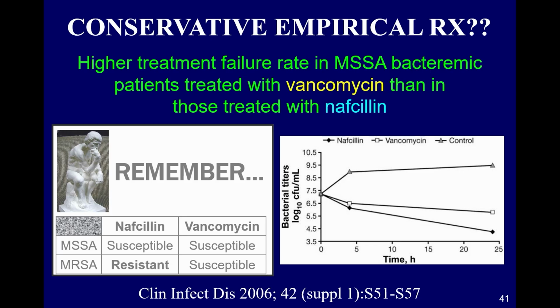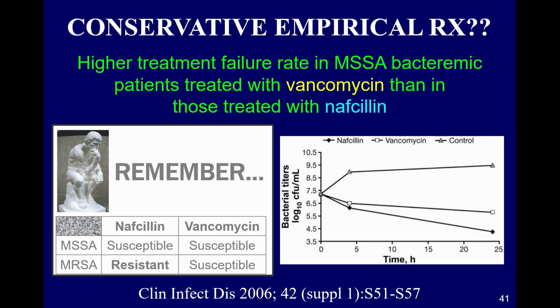Clinical studies have shown that MSSA bacteremia does not respond to Vanco, even though it's covered, as well as it does to nafcillin. Okay? So it seems like nafcillin would be a better drug for MSSA. When they tried to figure out why this happened, they did kinetic studies or growth curves on this MSSA.